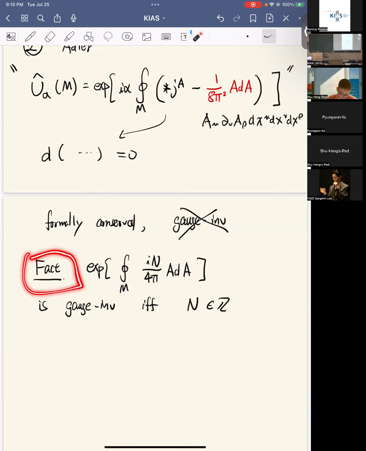I'm not going to prove this fact. This is a well-known fact in Chern-Simons gauge theory, pioneered by the work of Witten in 1987. Here I'm just going to quote the result. If you compare this part and this part, you see that for us, the coefficient n corresponds to alpha over 2 pi. Alpha over 2 pi is not an integer, and therefore this term is never gauge invariant.